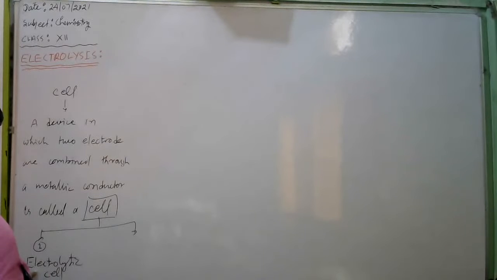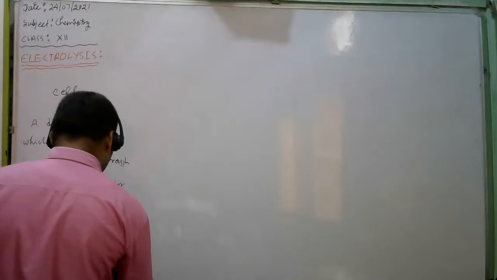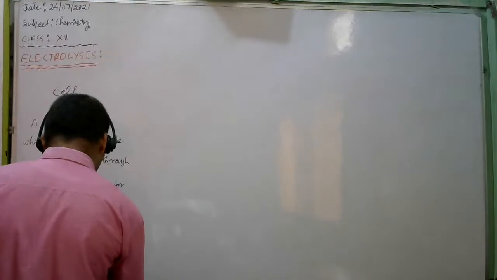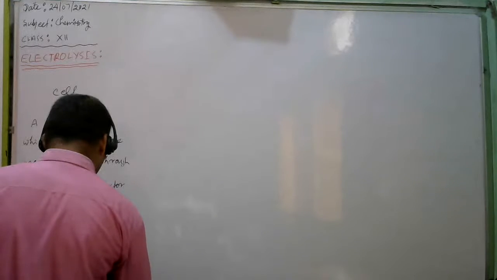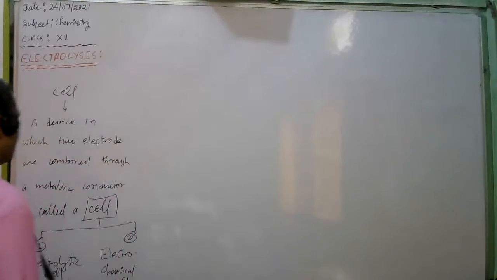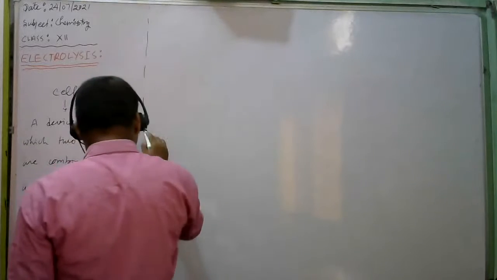In this electrolytic cell, the electrolysis process occurs. And second one, electrochemical cell.